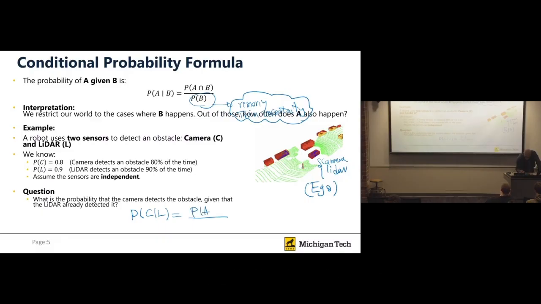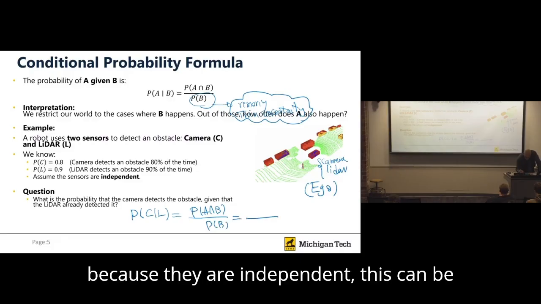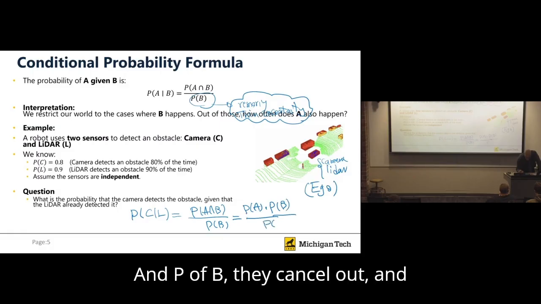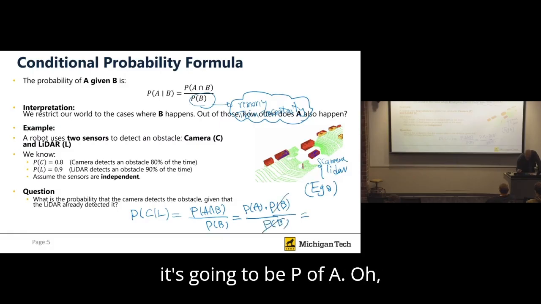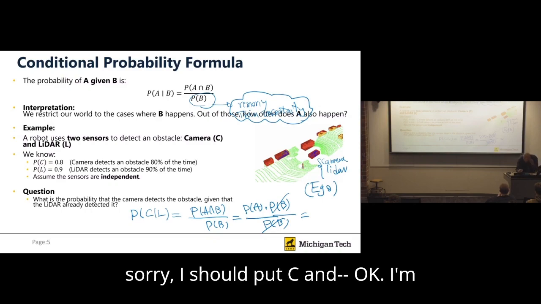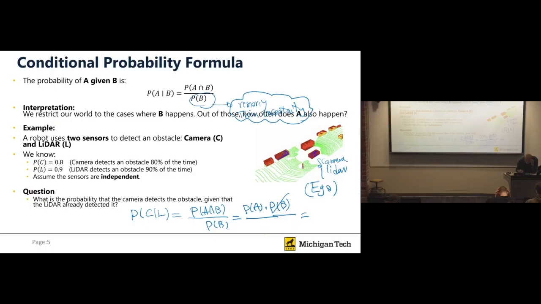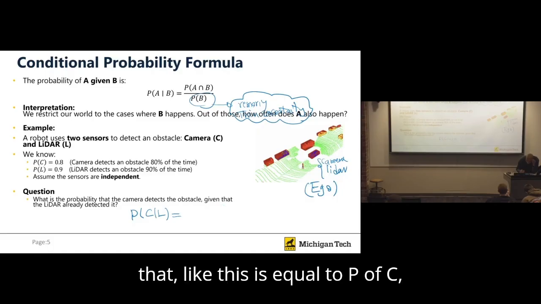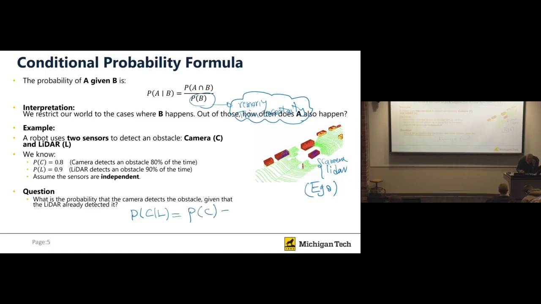So P of A and B over P of B, because they are independent, can be P of A multiplied by P of B over P of B, and P of B cancels out, and it's going to be P of A. Sorry, I should put C. Or you can even directly write that this is equal to P of C, so 0.8.